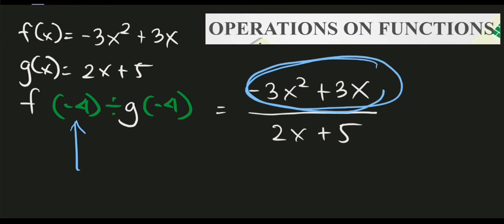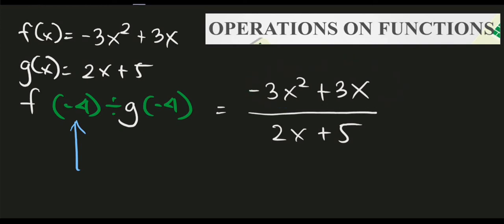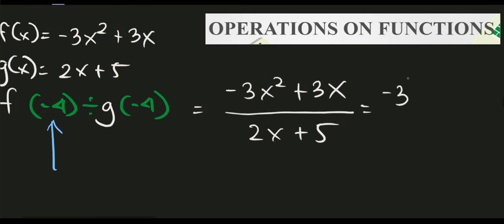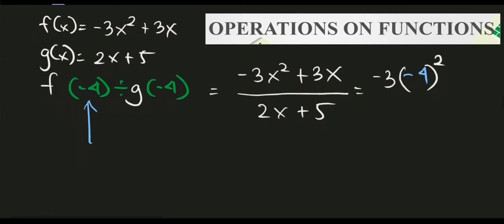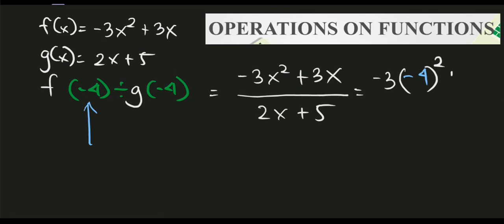It will give us negative 3 times negative 4 squared, and we need to add 3x, or plus 3 times negative 4.